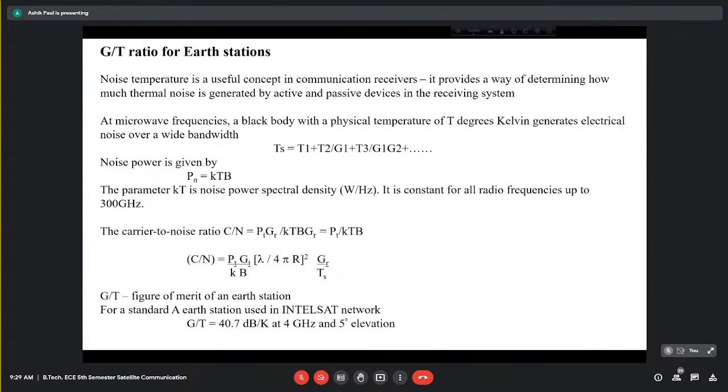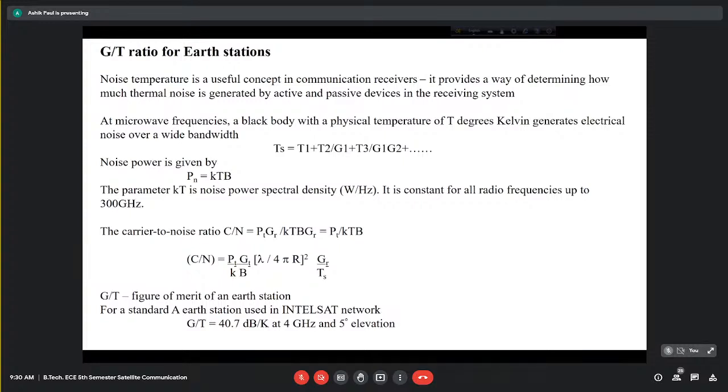So here also, from the carrier to noise ratio, what we can see is that this factor GR by TS is the kind of proxy indicator for the carrier to noise ratio. Proxy indicator, that means it is not exactly the carrier to noise ratio, but because the other terms like the EIRP, the Boltzmann's constant, and the bandwidth of the receiver are more or less constant, because one cannot go on increasing the bandwidth of the receiver.